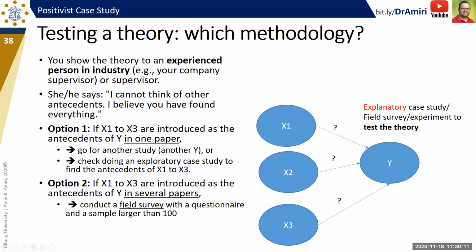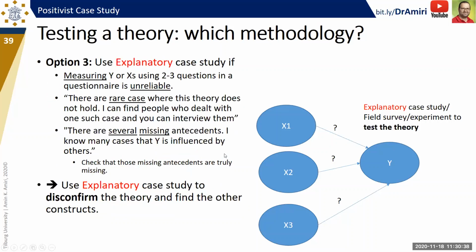You need to conduct a field survey with a questionnaire and a sample that is larger than perhaps around 100. So you cannot go for an explanatory case study with just 2 or 3 or 6 people, a sample size of 6.